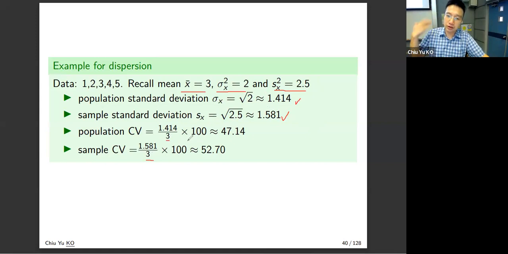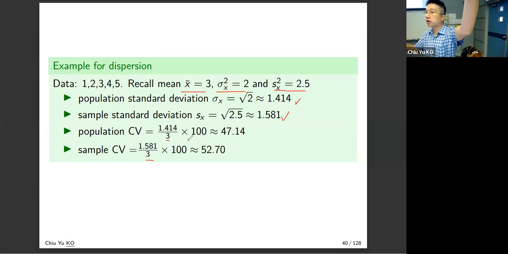Of course I don't compare here, but imagine I give you two data sets with two different means, and you can tell me which one is larger than the other. I just don't do that because you know how to do it. Is there a question? Because we're done with dispersion. We know mean, median, mode.